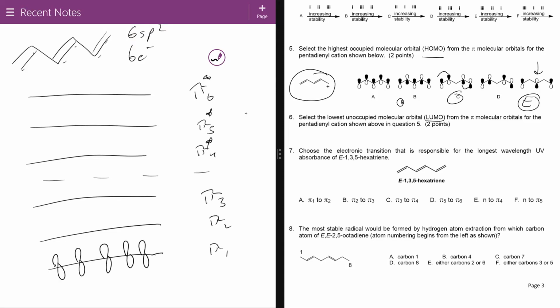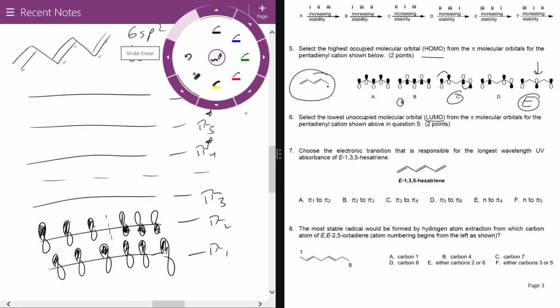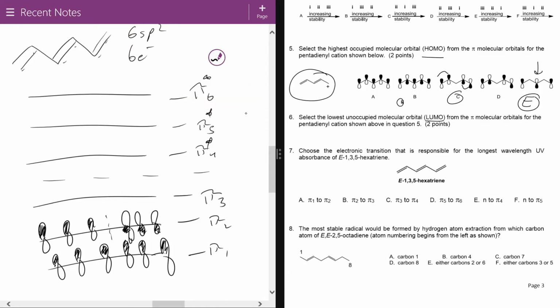Our lowest level has no nodes, so they're all going to be in phase. Next we'll have one node, put that in the middle. So that's pi 2.